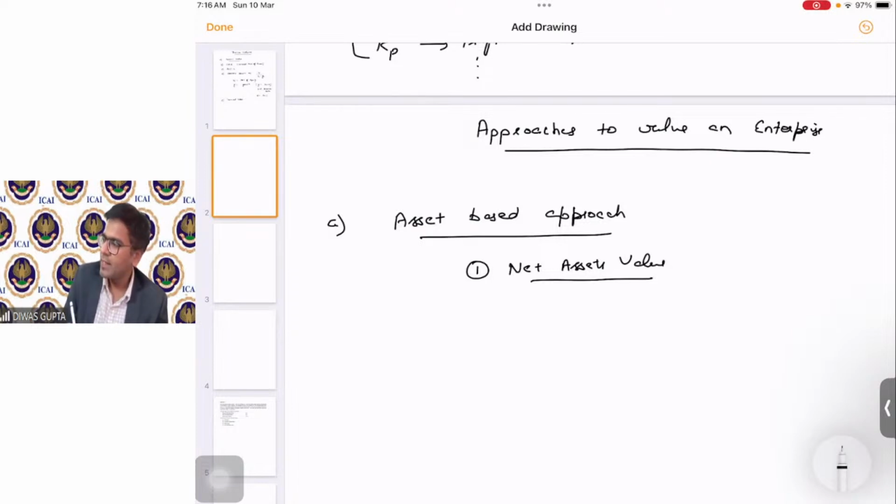So can I say that NAV is equal to fixed assets? Now this term, instead of fixed assets, we call property, plant and equipment as per the financial reporting terminology, plus net current assets.